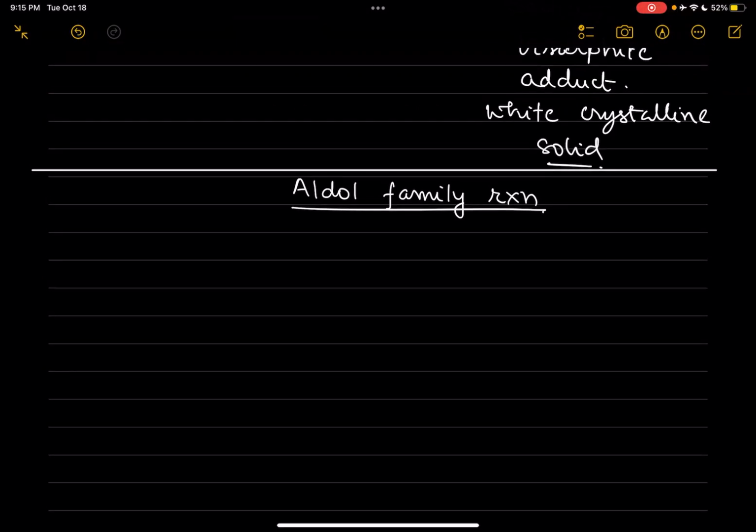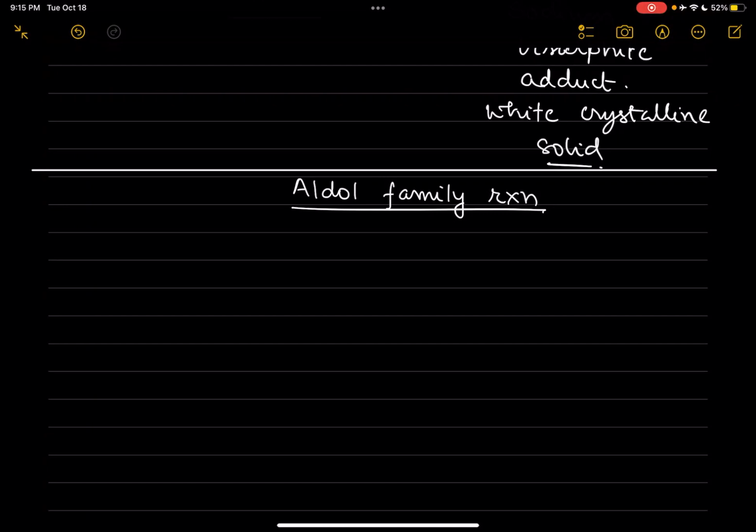Yeah, exactly. So which type of aldehydes give this test? Which type of aldehyde gives this reaction?